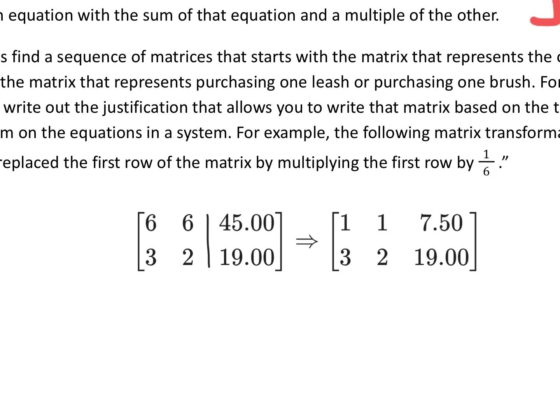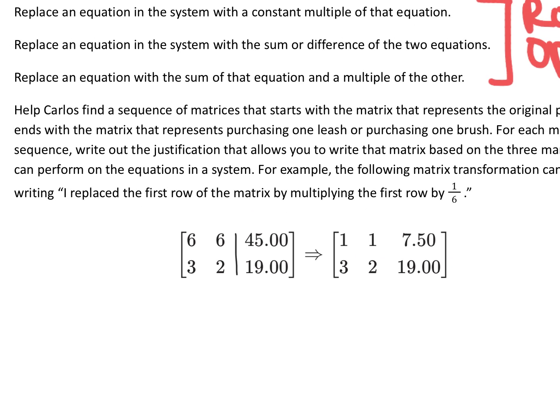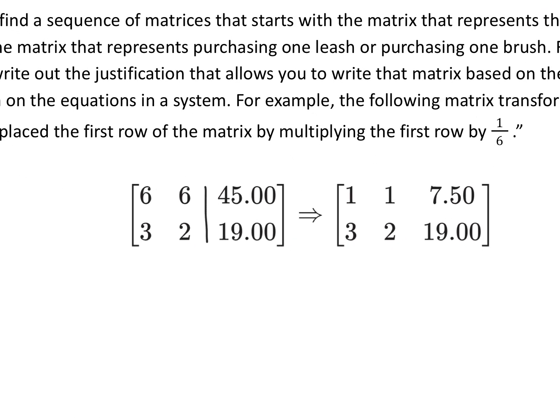I'm going to have it underneath, and explain each step that happened as we go along. So the augmented matrix became 1, 1, 7.5, and then the second row didn't change, right? So 3, 2, and then 19. And we have our big brackets around the whole thing and our vertical line.